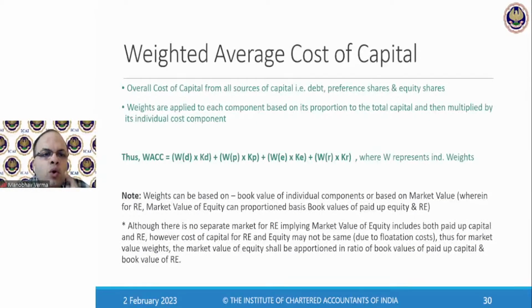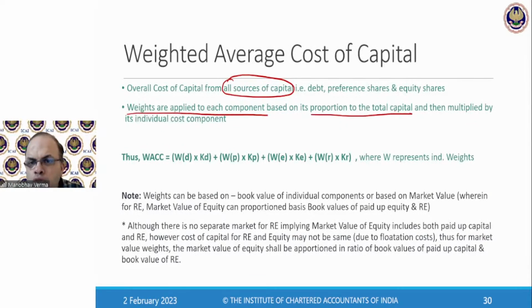So the overall cost of capital, because companies depend on different sources of capital, weights are applied proportional to the total capital. Let's say we are talking about 2:3:4, probably in terms of our investment in debt, preference shares, equity.